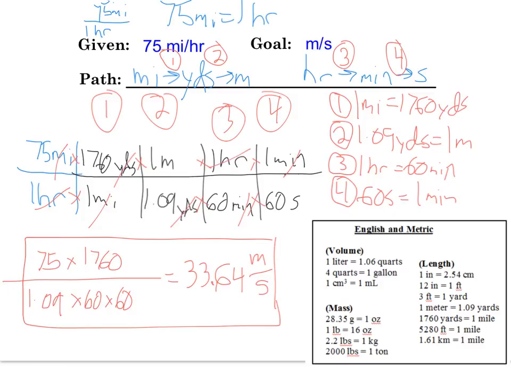So if you're going to type it in like this, you have to use parentheses around these numbers. So please make sure you're practicing putting that into your calculator and that you are getting this answer of 33.64. If you're not, please see your instructor for help.